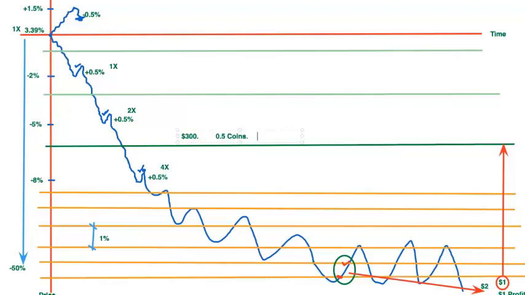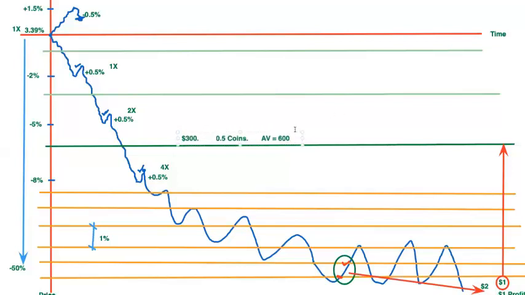So the average price is going to be the amount of dollars that we spent divided by the number of coins. In this example, 300 divided by 0.5 is going to be 600. This is our average price.